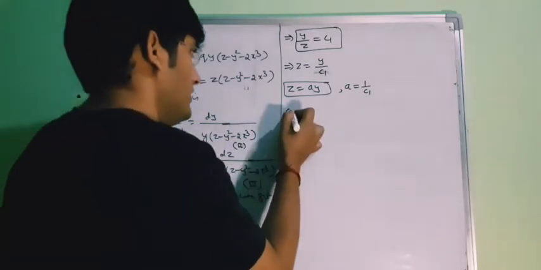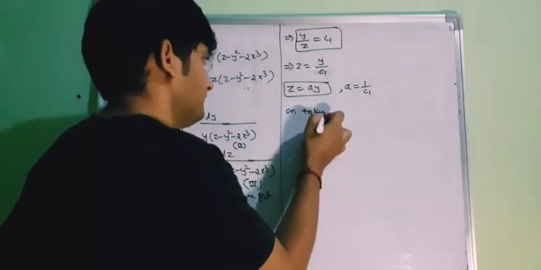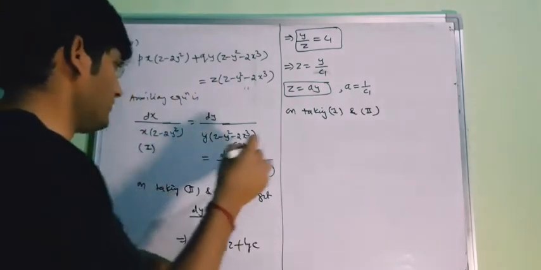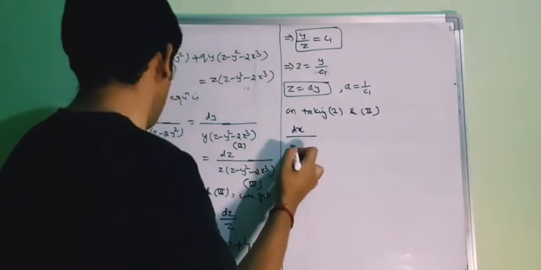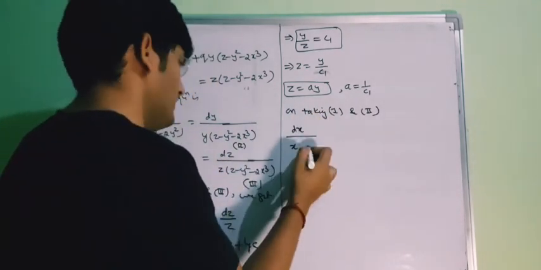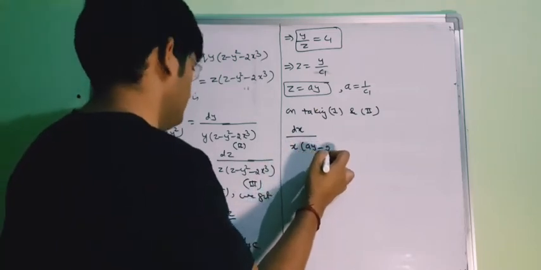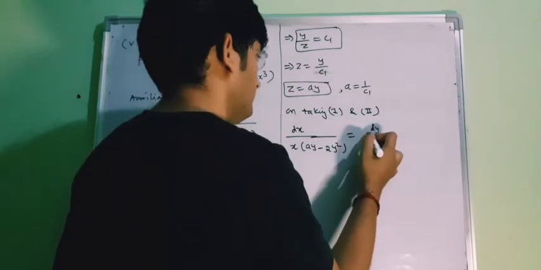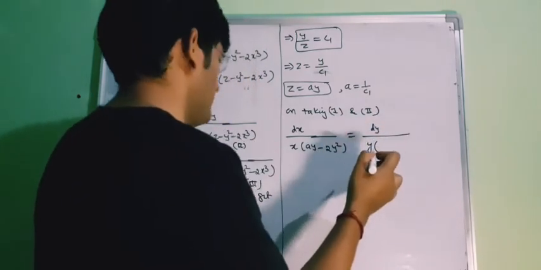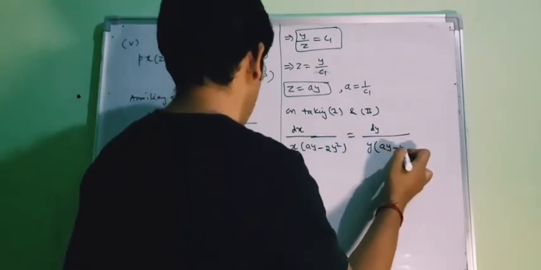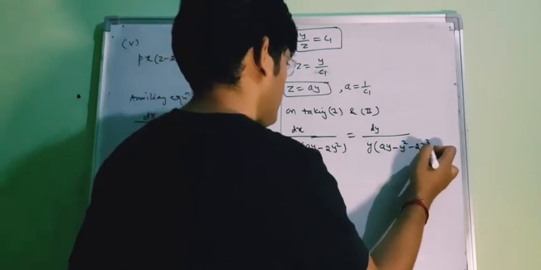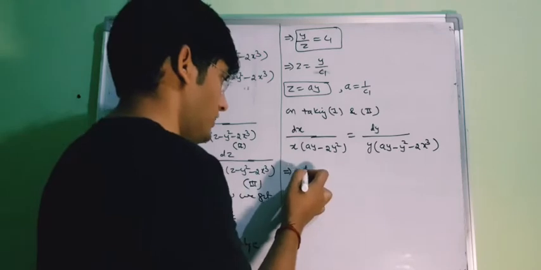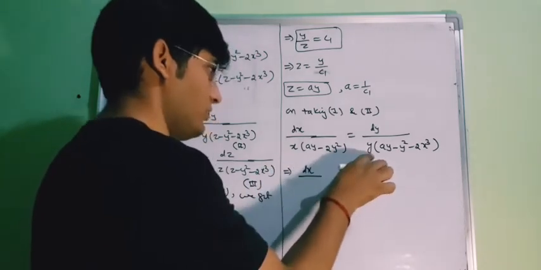So on taking first and second, we will get dx upon x, then z. Let us take z as ay, and in the second term we have y, z is ay. Now from here, this y will be cancelled.